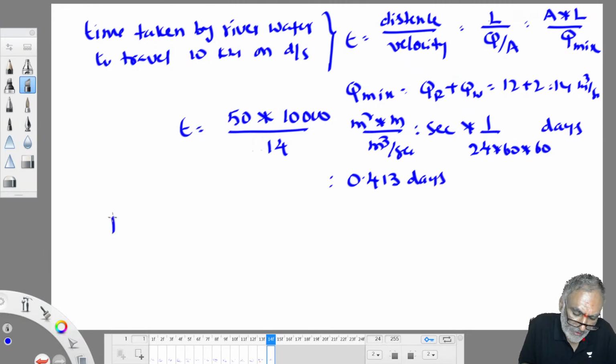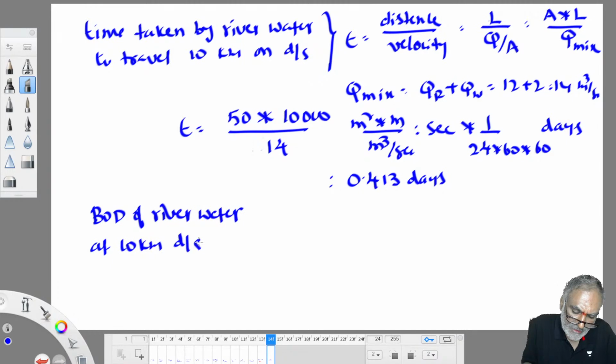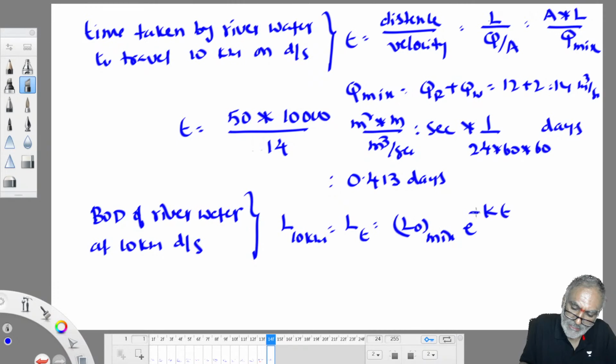Okay, therefore BOD of river water at 10 kilometers downstream, that is L 10 kilometers, nothing but LT, is equal to L naught mix into e power minus k into t. Which is equal to L naught mix we got already 17.14, into e power minus 0.25 into t, t is 0.413 days.